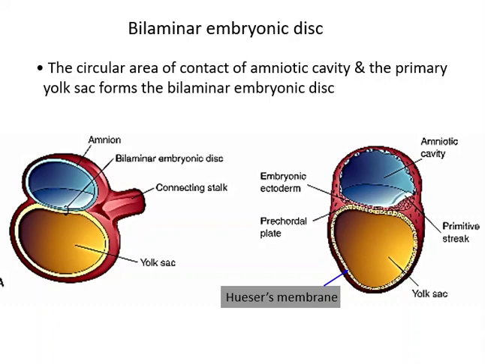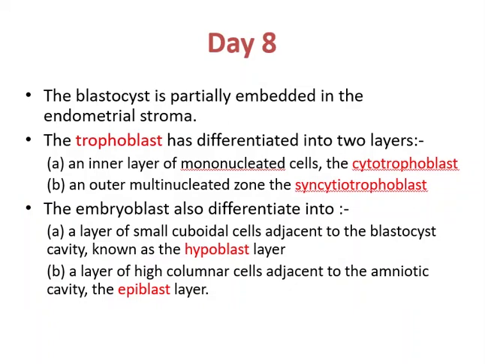So at day 8, the blastocyst is partially embedded in the endometrial stroma, and the trophoblast differentiates into two layers. The first one is called cytotrophoblast, formed by cells with a single nucleus, which we call mononucleated cells.